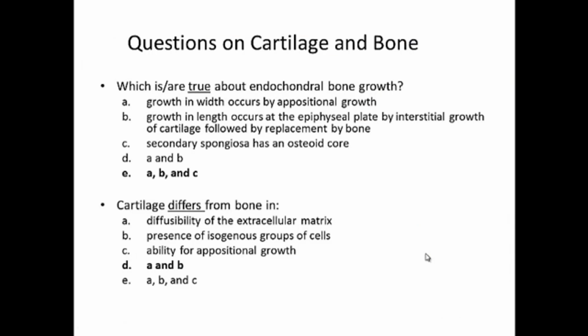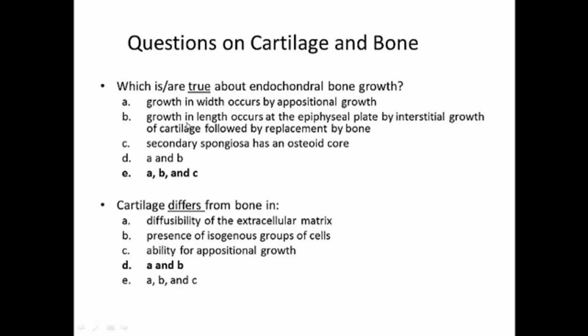A couple questions that may be of interest: which are true about endochondral bone growth? Endochondral bone growth is where bone uses a cartilage model, and then bone develops from that. One answer is growth in width occurs by appositional growth. This is true.